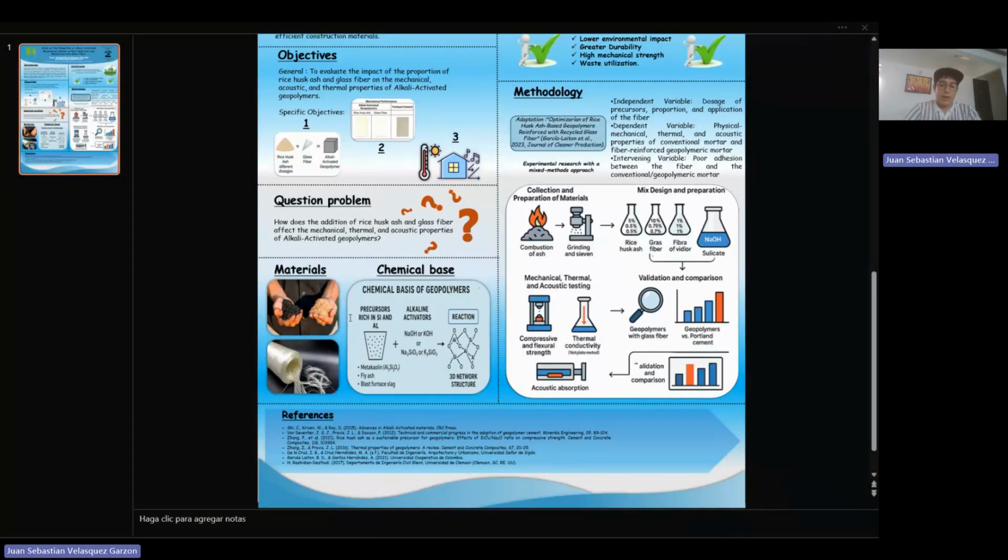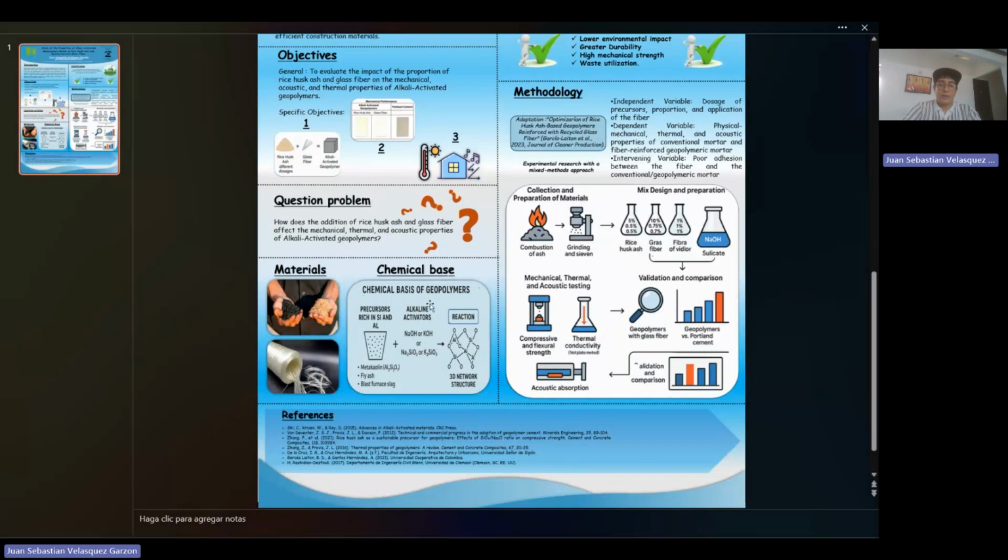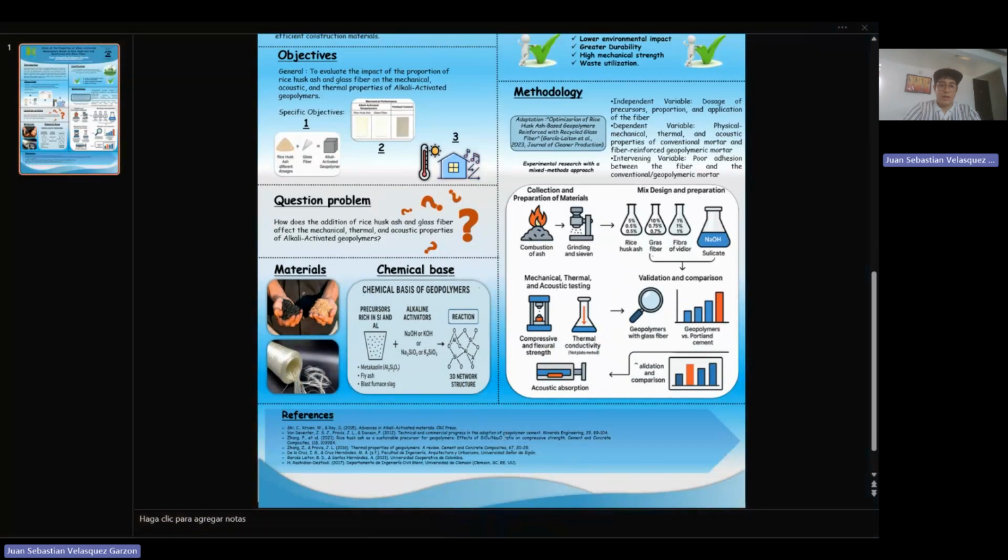Metakaolin, Al2Si2O7, calcium clay, fly ash from thermal power plants, plus blast furnace slag from the steel industry. Alkaline activators. In the center of the image, the alkaline components are mixed with the precursors to initiate the reactions.